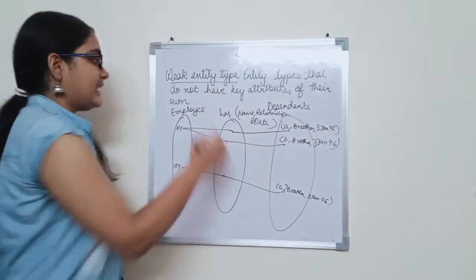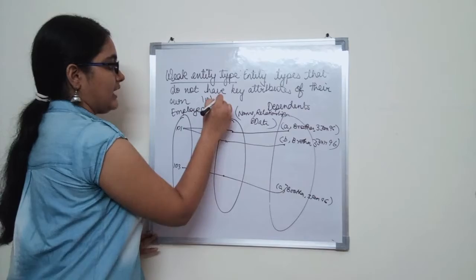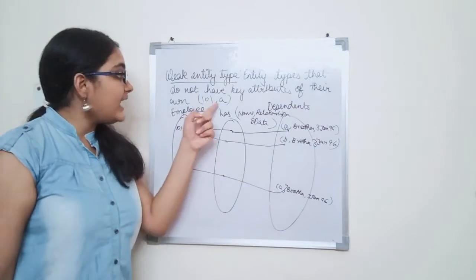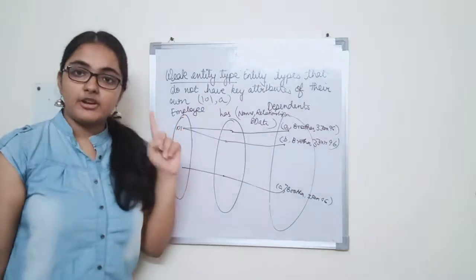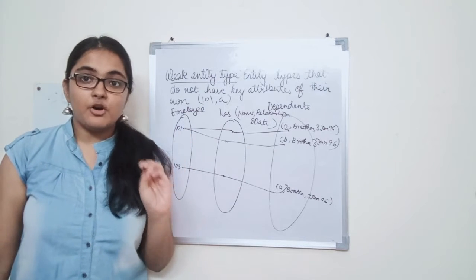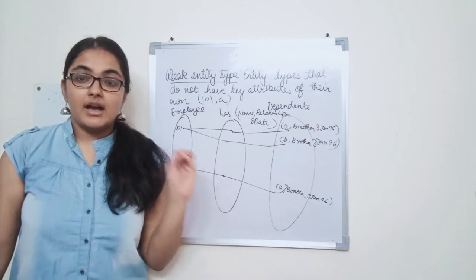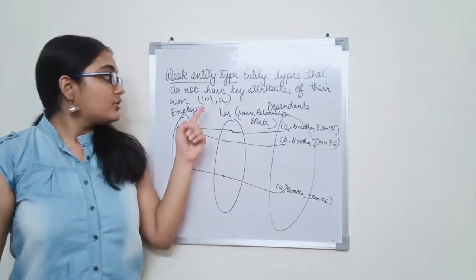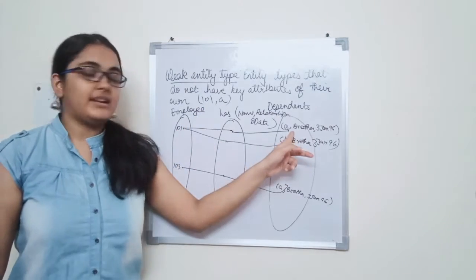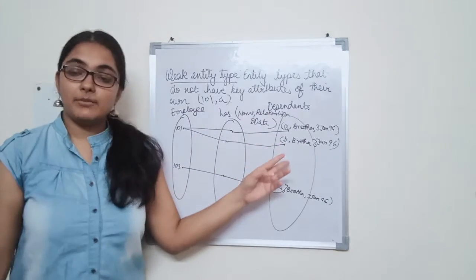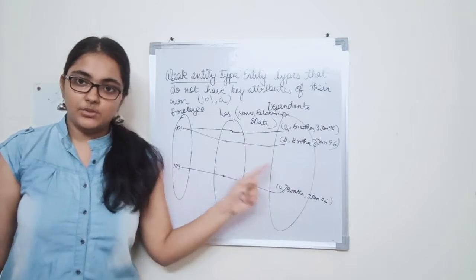So if I say 101A, it means this entity only. Why? Because A cannot be repeated, since we have already specified that the names of dependents belonging to a particular employee cannot be the same. So 101A will identify this entity uniquely, and 101B will identify that entity uniquely.